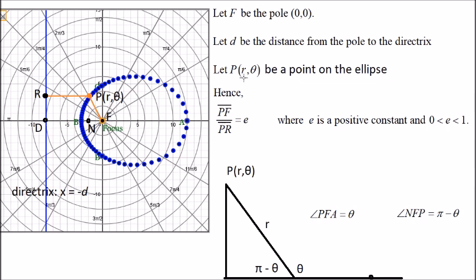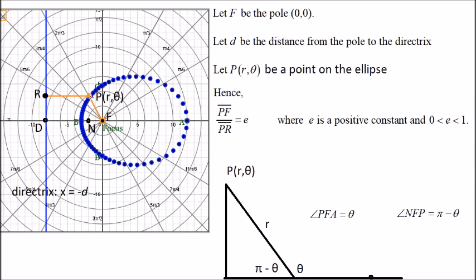And now let the polar point P(r, theta) be a point on the ellipse. Since P is on the ellipse, the length of the segment from P to F divided by the length of the segment from P to the directrix must equal e. e is a constant between 0 and 1. We call it the eccentricity.